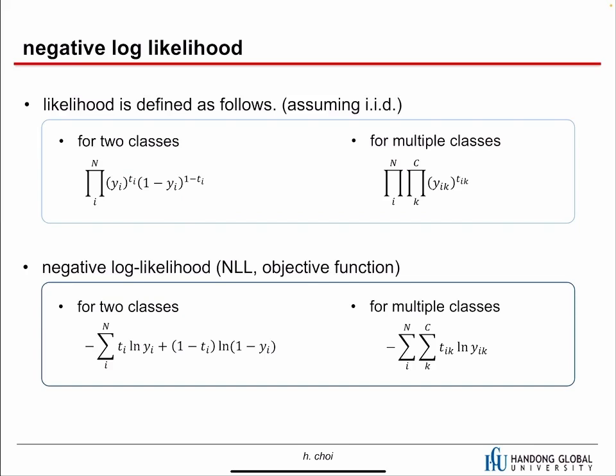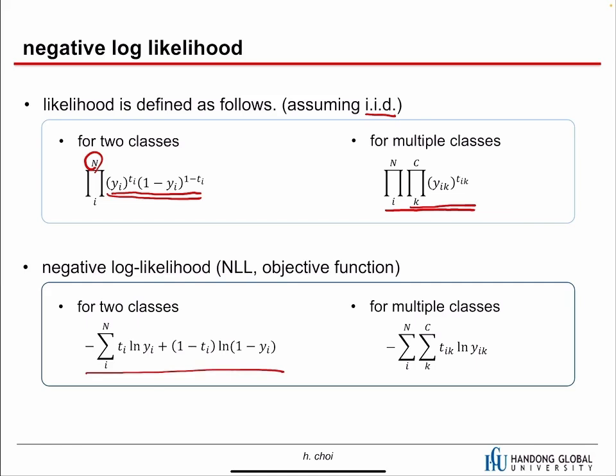Okay, when we have a lot of samples, when we have n samples, then we have to multiply all of them. Right, this one is still a likelihood function, and we multiply all the samples because we assume that the samples are IID. For multi-class, this one is the likelihood, and we have to multiply this likelihood for all the samples. And as we did in the previous slide, we take a log and we negate the log likelihood, so we have this one.